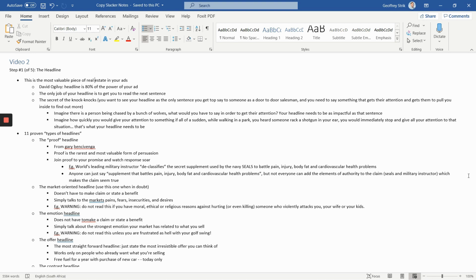And as we'll soon learn, the only job of your headline is to get your reader to read the next sentence. You can sort of see all of copy in this same light.